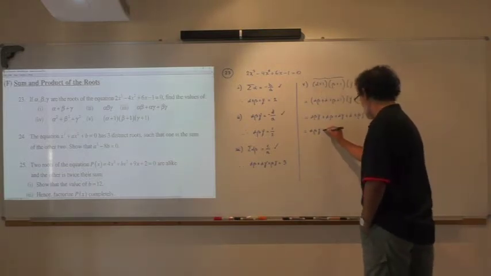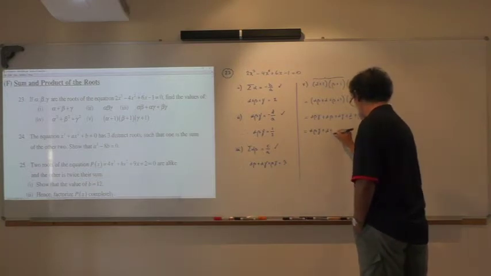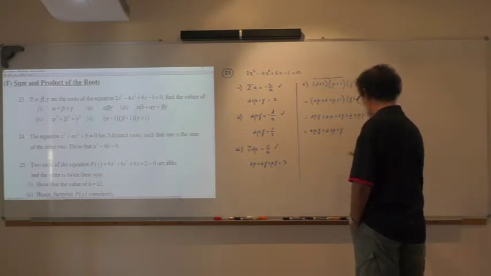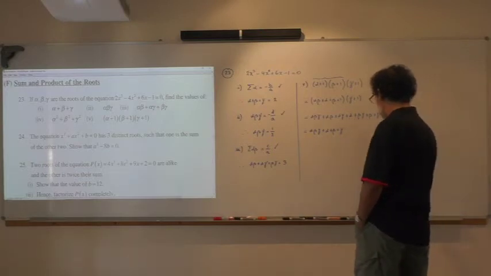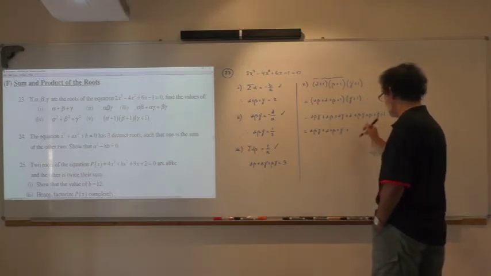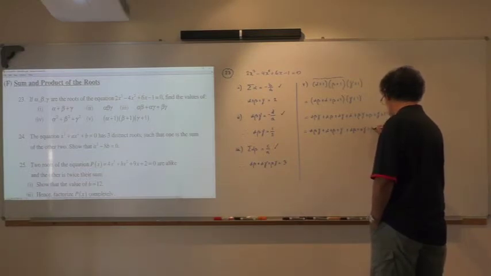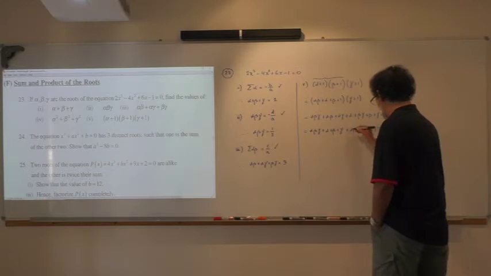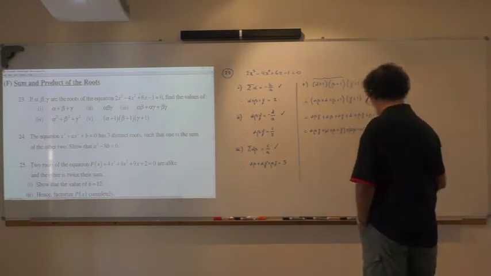And then I have alpha, beta, and gamma. So alpha plus beta plus gamma, something that we know. And then I have the sum when taken 2 at a time. So I have alpha beta plus alpha gamma, and then beta gamma from here. So I have these 3 groups.